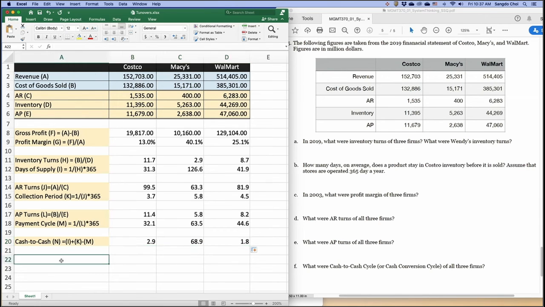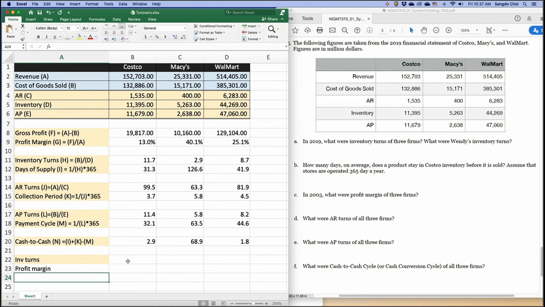So now I will show some different data visualization. I'd like to visualize this performance from two different perspectives. The first is inventory turns, and second, I will compute the profit margin.